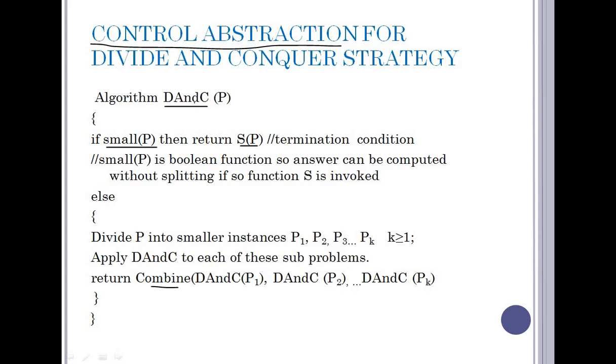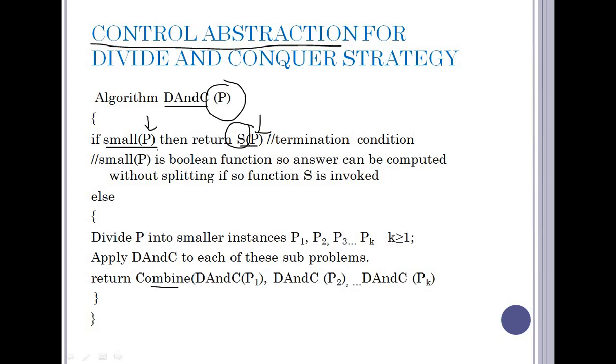We will apply the divide and conquer approach to the problem P. Now we will see whether the problem P is small enough that we can directly solve it by calling the S method. Small(P) is a Boolean function that I will apply on the problem. If it returns true, it means the problem is small enough, so we can directly call the S function to get the solution to this problem P.